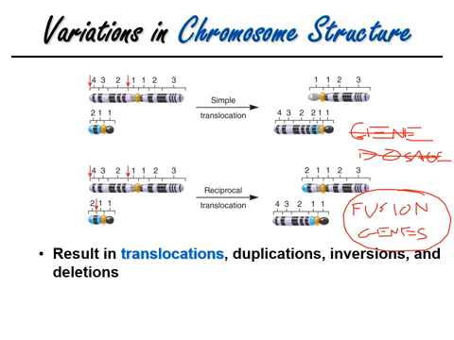I guess I should have taken this section. So it started here and it's going this way, but now it is here and it goes into the blue. Right? And so basically what you're creating is, imagine if you had the start of one gene and then after the translocation event, it's connected to the end of a different gene. That can create problems. That creates a fusion gene, and these fusion genes can be catastrophic.